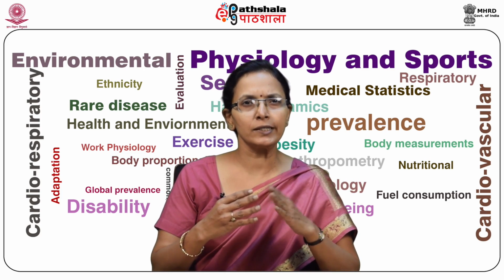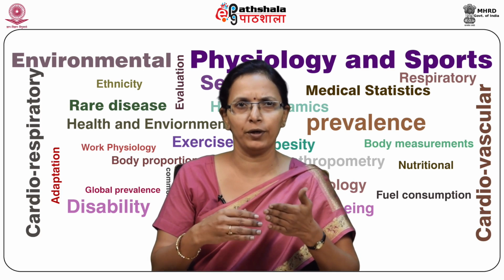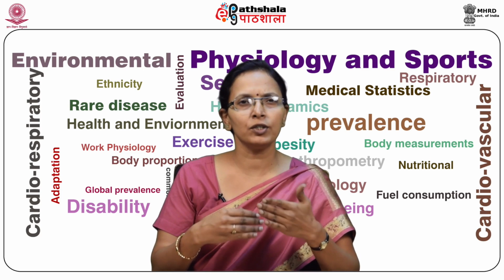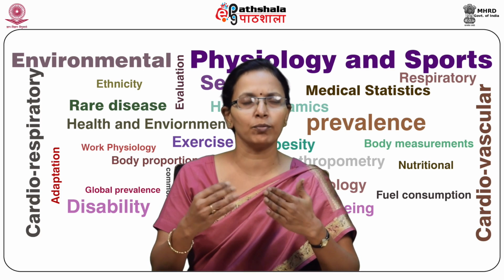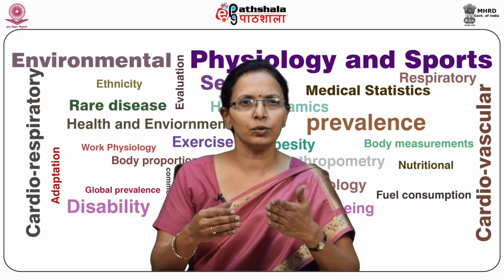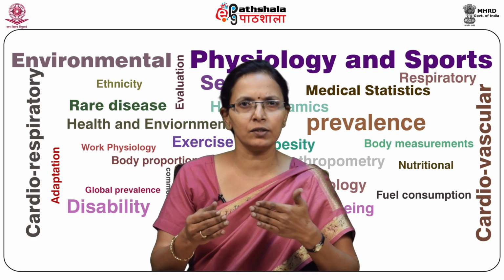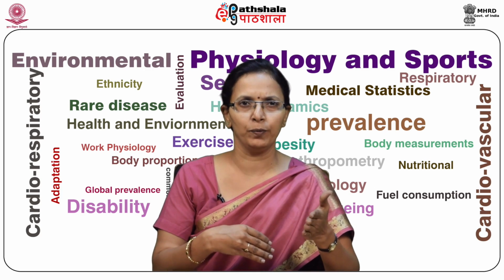Now, what do we understand by hemodynamics, and how is it affected in our body? Some of the major hemodynamic factors considered in this module are, number one, blood pressure, and number two, vascular resistance or total peripheral resistance to the blood flow.